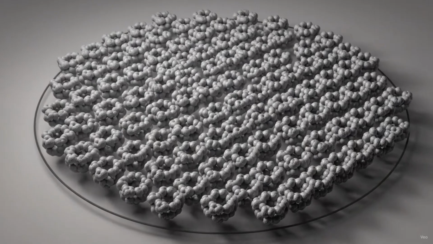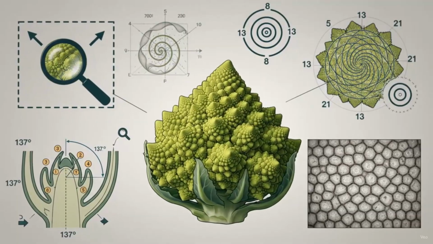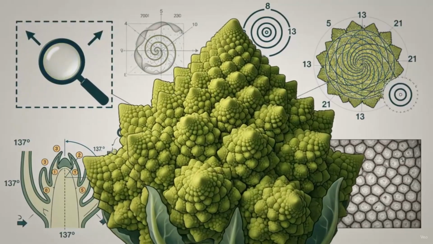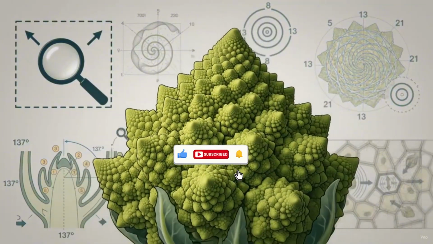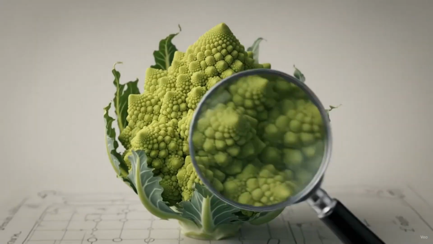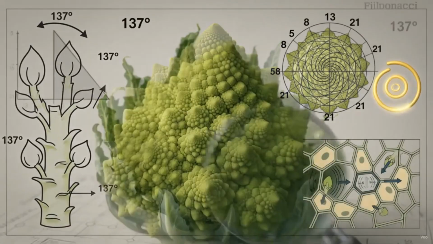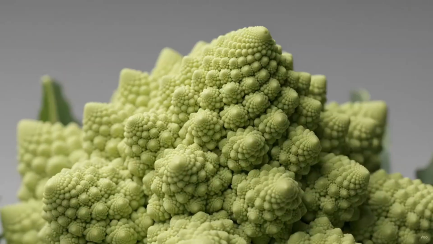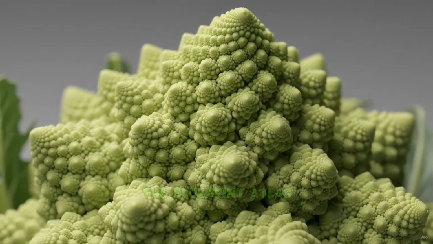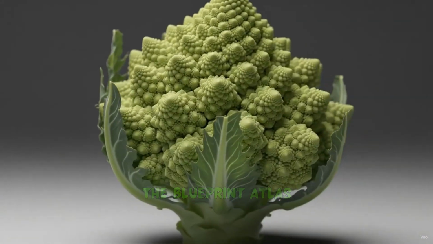The mathematically optimal angle is to push away from the previous cell without wasting space. That just happens to be exactly 137.5 degrees. It is an automated, self-correcting biological physics engine.